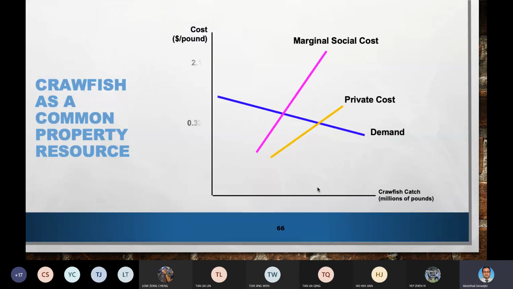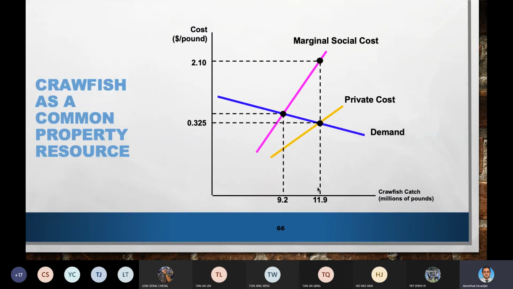So we do it here. In this figure, we draw those. If we compare privately, it will be the marginal private cost with the marginal benefit, which is the demand.